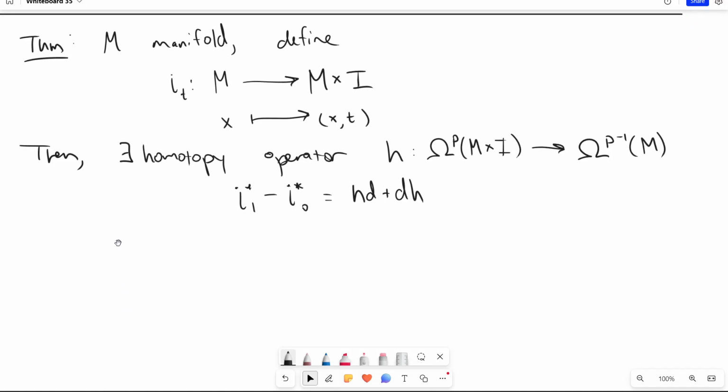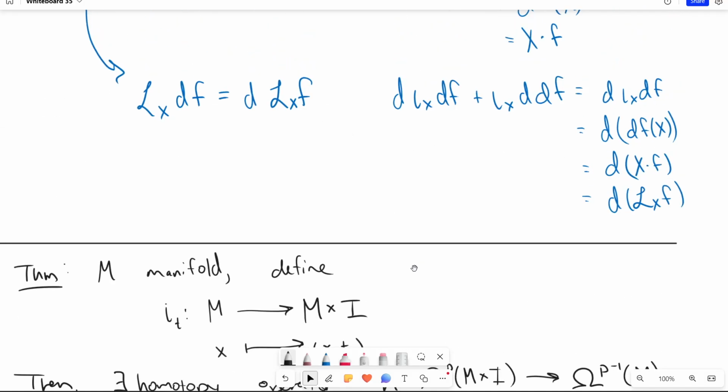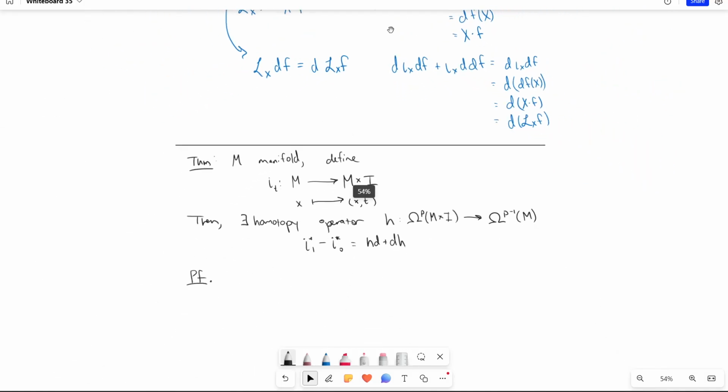So the thing that we have to do is write down what our homotopy operator is. And we're going to reference that picture that we drew earlier with the stacked tori, just as an example. Maybe I can copy it. I don't know if this will be fast.